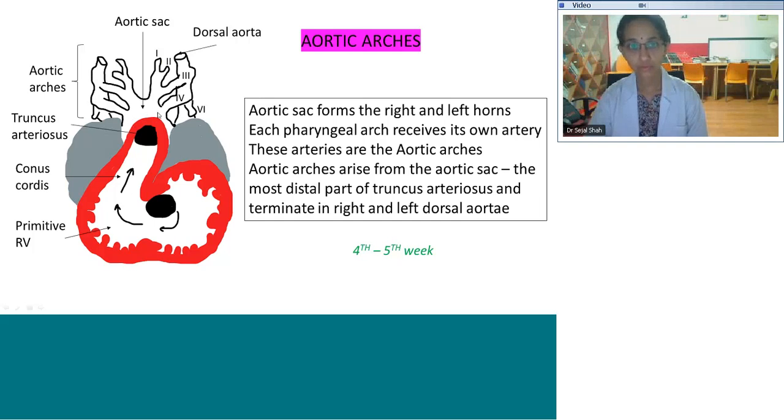The aortic arches arise from the right and the left horns of the aortic sac, and this aortic sac is connected to the distalmost part of the truncus arteriosus. And the aortic sac finally terminates into right and left dorsal aorta.